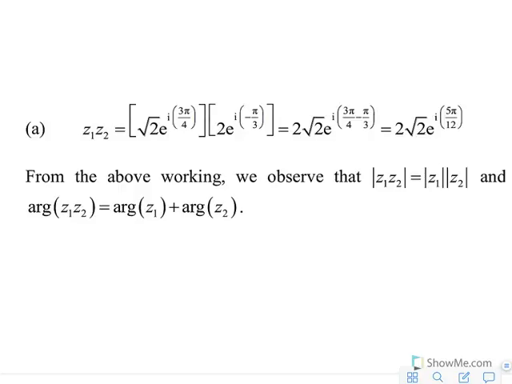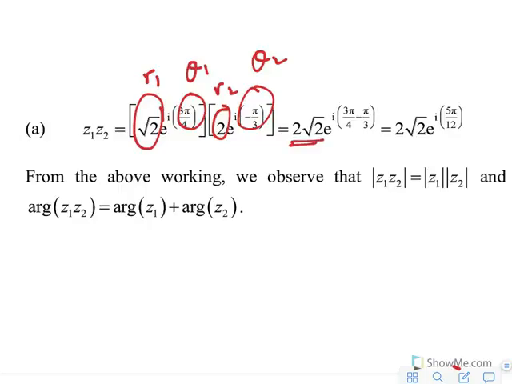You can see that if this is Z1, this is R1, this is theta 1, this is R2, this is theta 2. And what is over here? This is nothing but R1 multiplied with R2, and theta 1 plus theta 2.